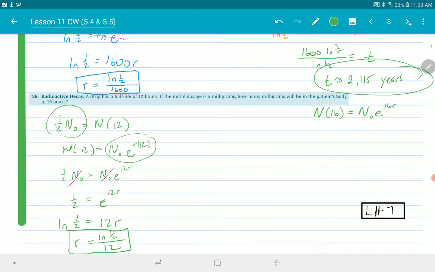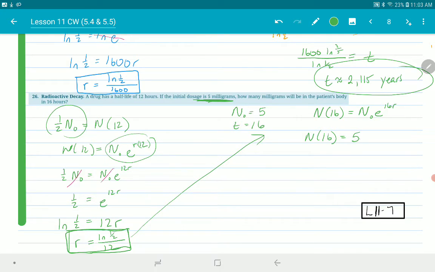Keep that as an ugly fraction for now because I want to use it over here to find out N of 16. So N of 16 equals the initial amount, which is 5 milligrams, right? Our N naught equals 5. t equals 16, and our r is down here.